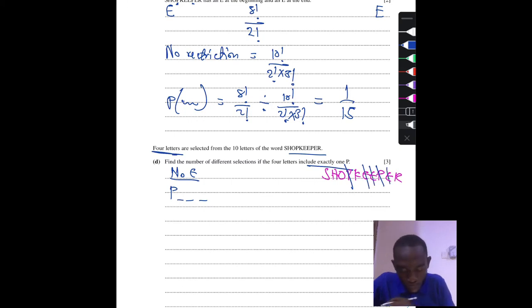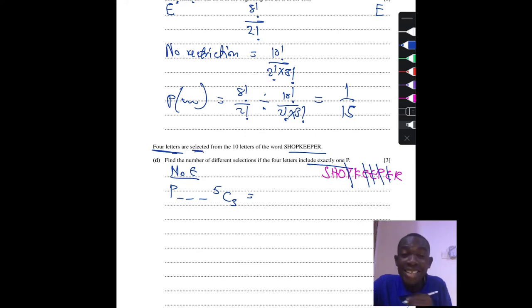We don't want any E. So how many letters are there that we can choose 3 to fill this? So we have S, so 1, 2, 3, 4, okay, 5. So we have 5 letters. So that is 5 combination 3, okay? We are not going to arrange, we are going to select. So you can see 4 letters are selected: combination, not permutation. Okay, so 5 combination 3 will give us 10.